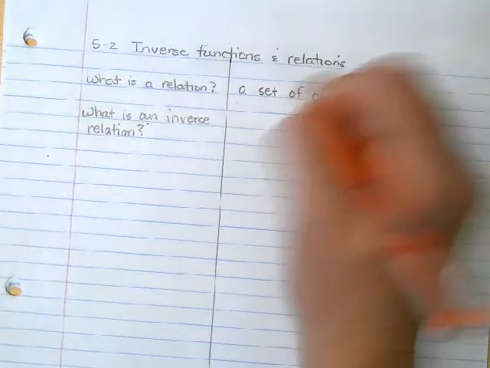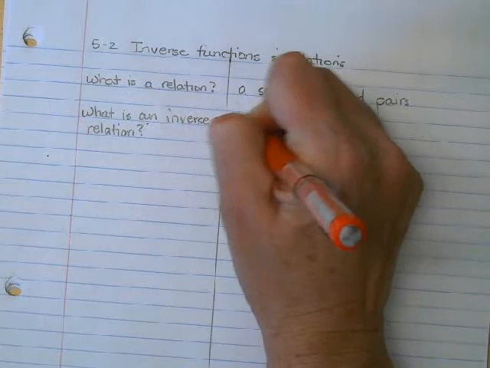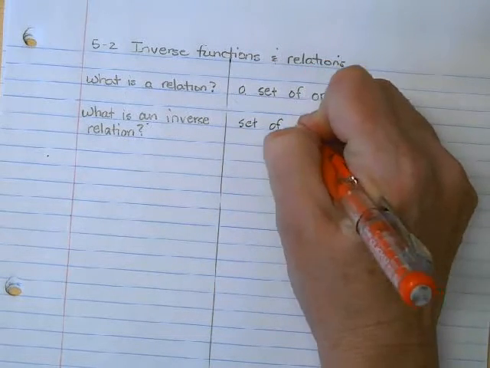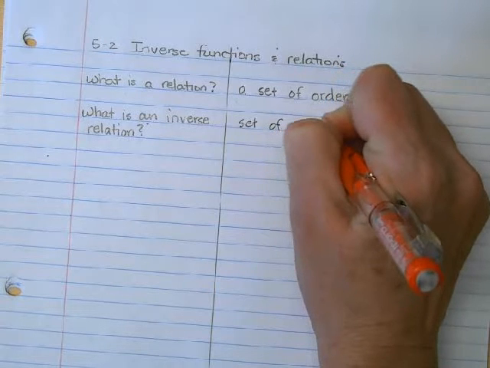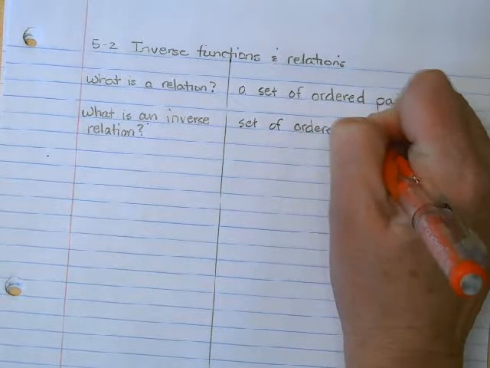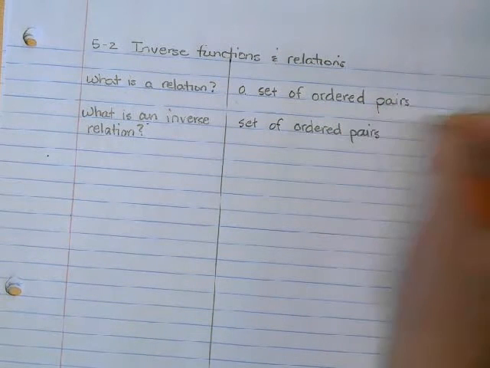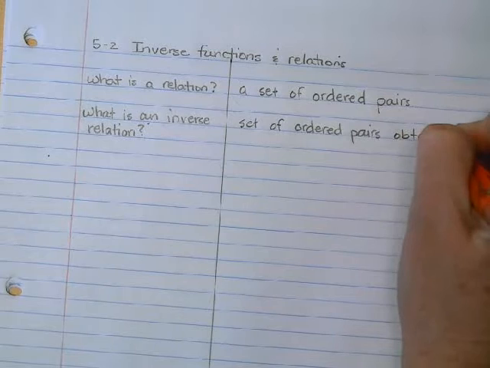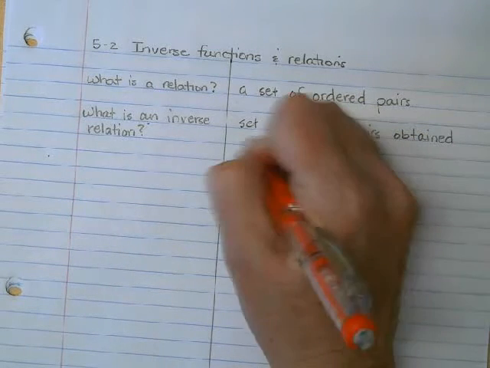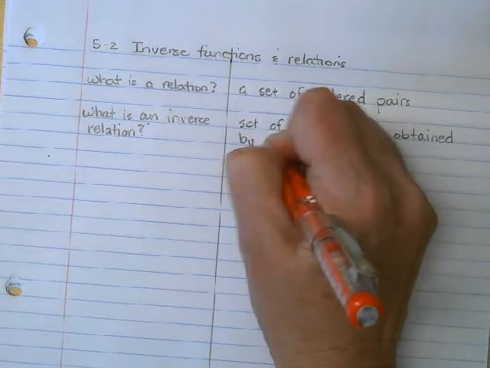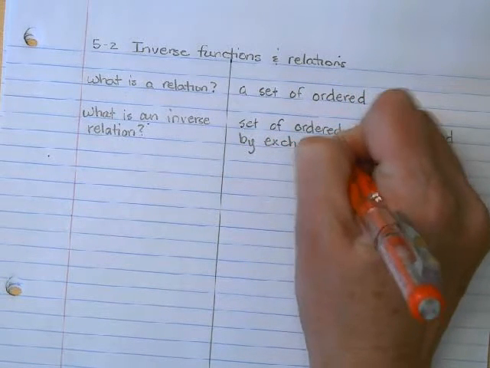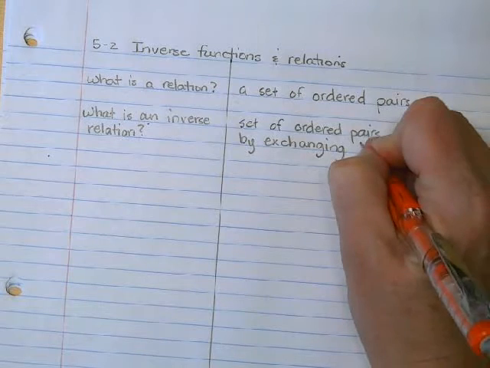Okay, so an inverse relation is also a set of ordered pairs, but they're backwards. All you do when I say backwards is you just switch the x and the y. This little definition has a lot of applications.